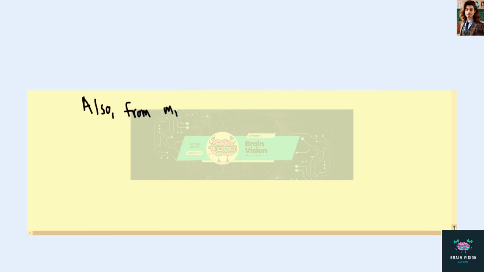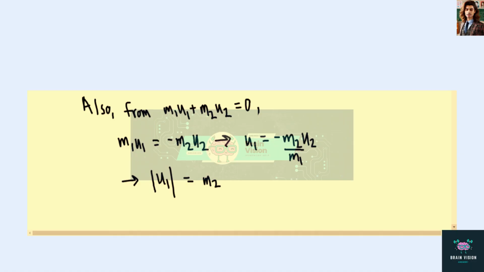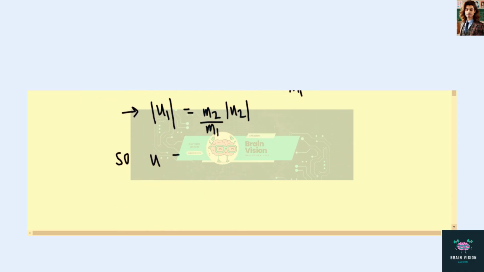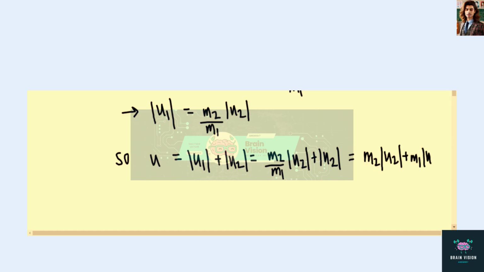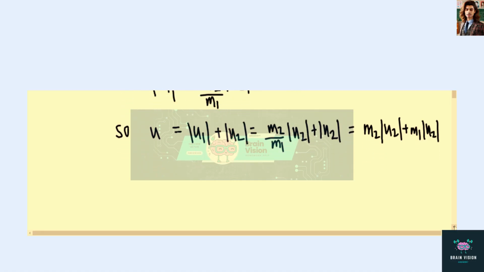Also, we have some more relations we can obtain. From the total momentum equaling 0, we can work the other way. We get that the total speed can be rewritten in terms of the magnitude of velocity u2 as well, instead of in terms of the magnitude of velocity u1.